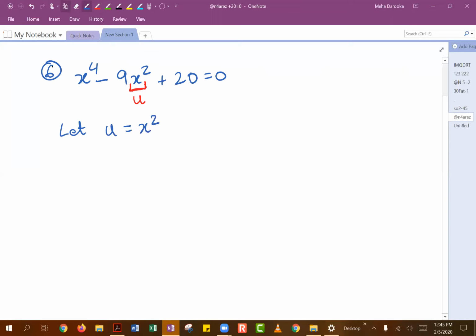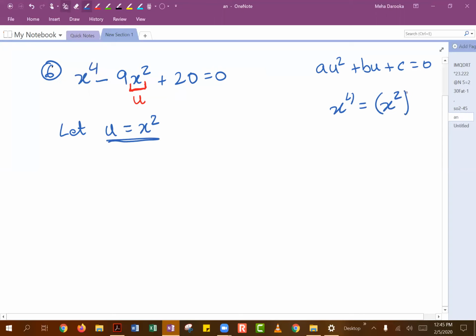But now how do we give it that format of au squared plus bu plus c equals 0, right? Which means we're going to have to find a way to rewrite that first leading term so that it's only a second degree exponent. So think about that. You have x to the 4th. If I'm defining u as x squared, I can write this as x squared to the 2nd power, right? 2 times 2 will still end up being 4.